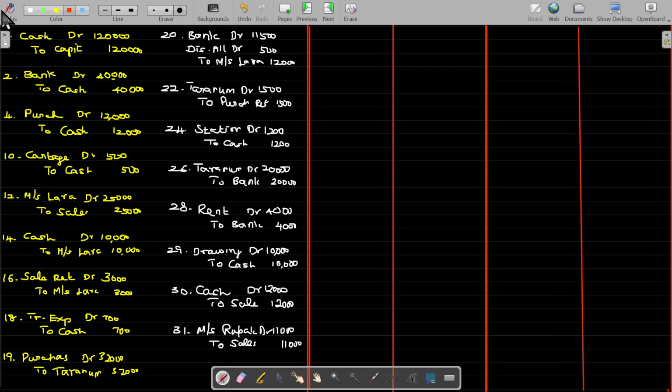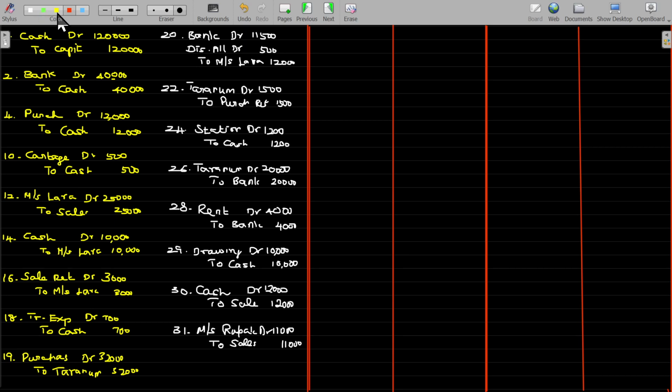Let's start one after one. The first account here being cash. So I opened the cash account. This is the ledger book. In that ledger book, the first account I am going to open is the cash account.